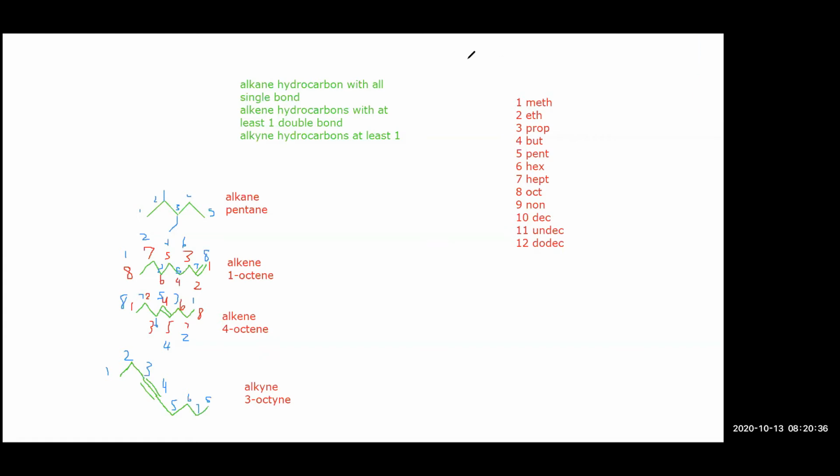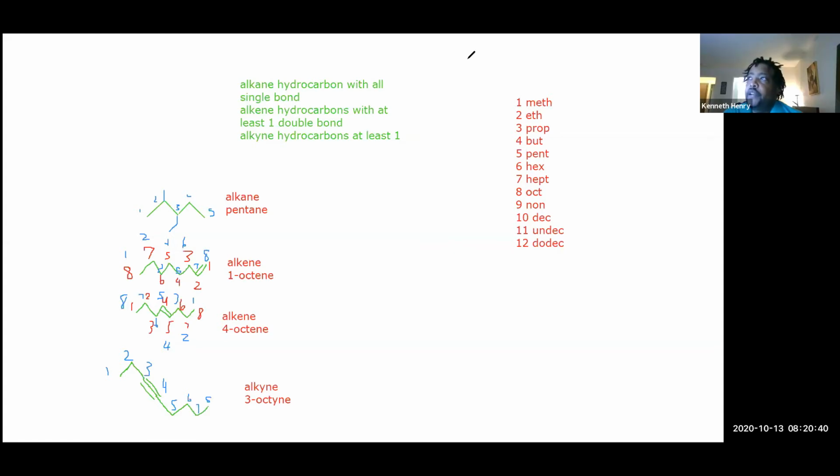There's only one carbon. Meth. Now, since it's a side chain, what we're going to do is add to that meth, yl, making it a methyl. We also need to say where it's located. It's located on the second carbon. So we call it 2-methyl.